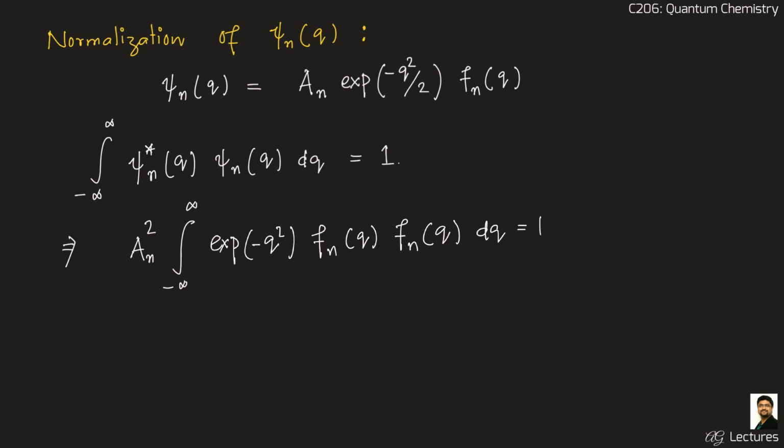Now these Fn are actually the Hermite polynomials. These polynomials are known as Hermite polynomials. I'll tell you shortly after this normalization is done why they are called Hermite polynomials. But they have a particular property that we have to use here. So this is a particular property of Hermite polynomials, and that property is like this.